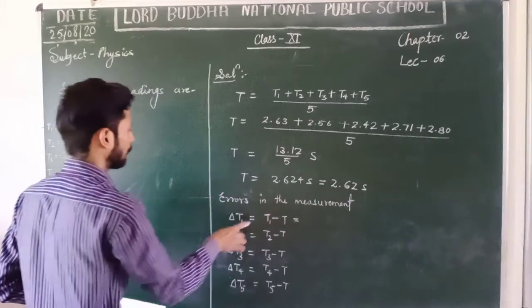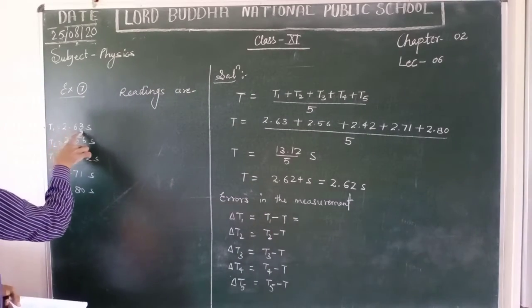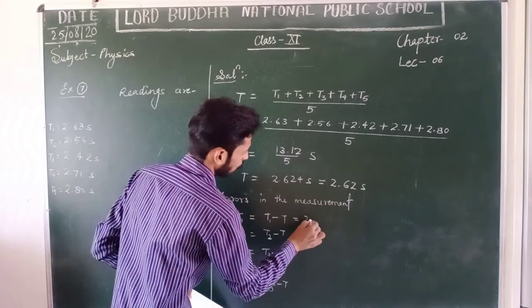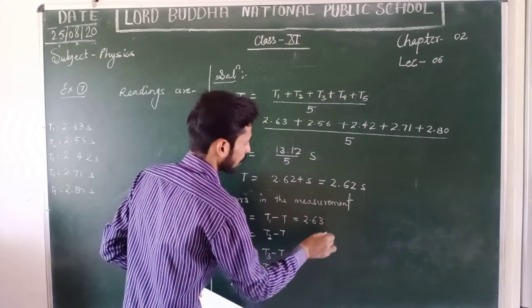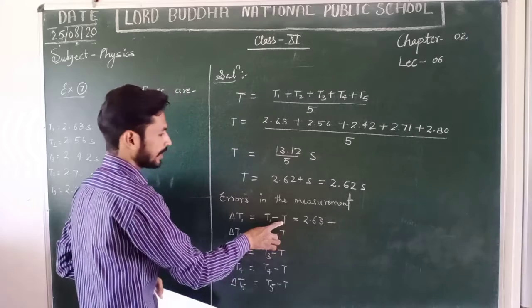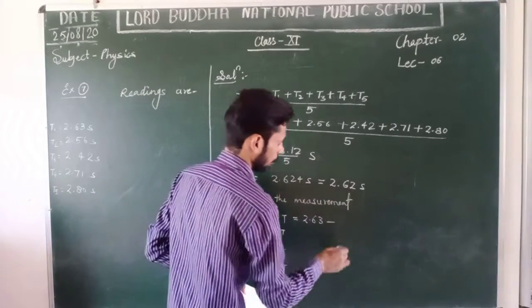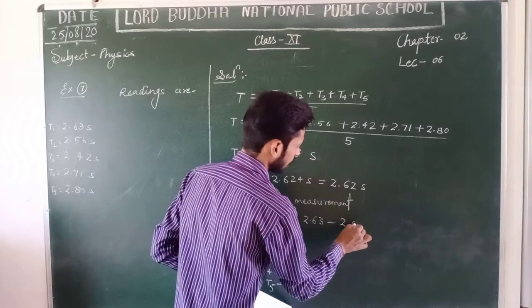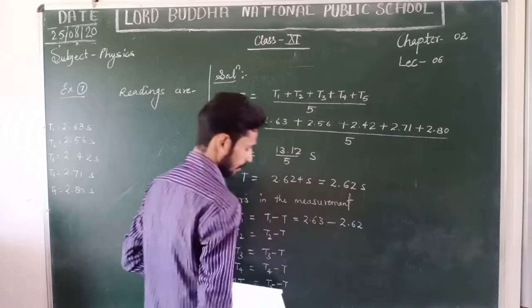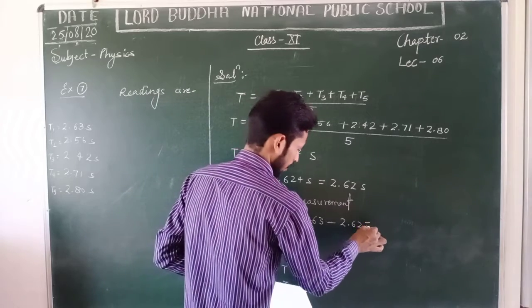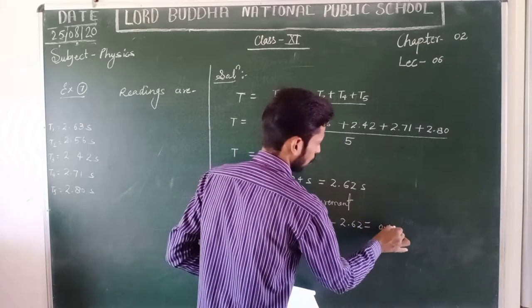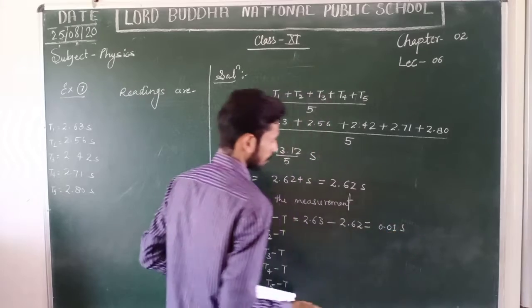What is the value of T1? That is 2.63. So 2.63 minus T, which is 2.62, and this will be 0.01 second.